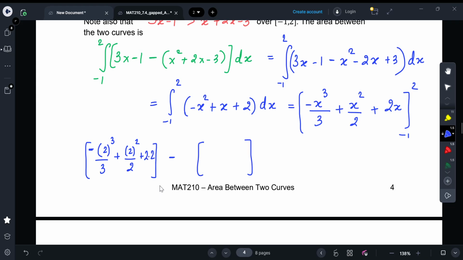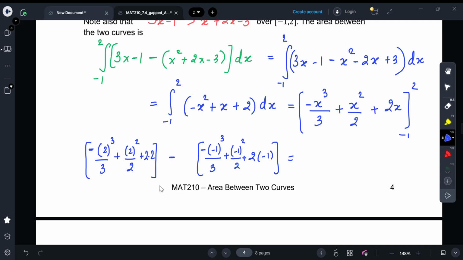Plus 2 times 2. In the second bracket, I replace x with -1, making sure you use all parentheses when you plug this into your calculator. It's very important. Let me make this bracket a little bigger. So 2 times negative 1.